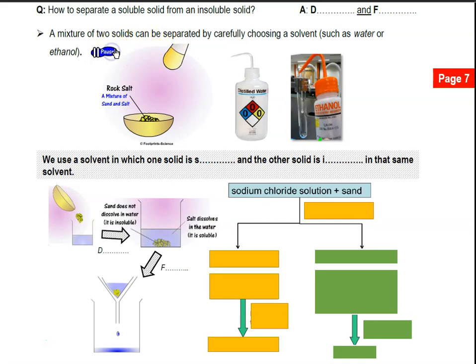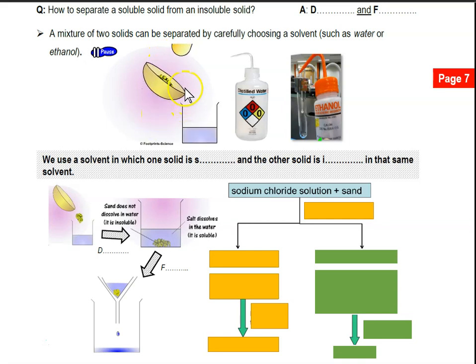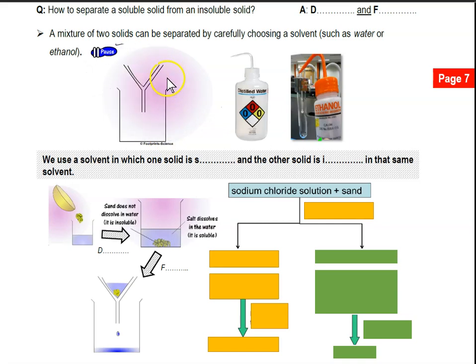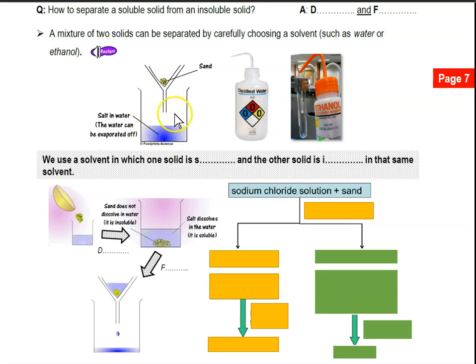Alright, so what do you do if you have an insoluble solid and a soluble solid? You will crush the mixtures together, then you will dissolve the soluble solid, which in this case is your salt, in water, leaving your sand behind. Then you will carry out the physical separation of filtration. The salt solution is small enough to pass through the membrane and can be collected in the beaker.